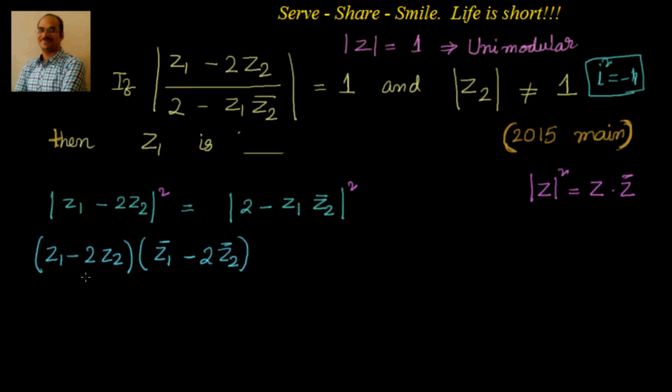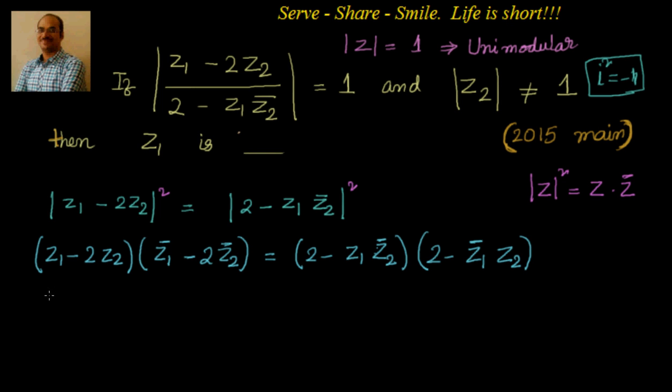Wherever there is a complex number as part of it, you just put the conjugate of it. So z1 conjugate will be z1 dash, z2 conjugate will be z2 dash. Similarly here it will be 2 minus z1 multiplied with z2 conjugate. Now its whole conjugate will be 2 minus z1 conjugate and z2 conjugate, that is nothing but z2. Hope I haven't confused you.